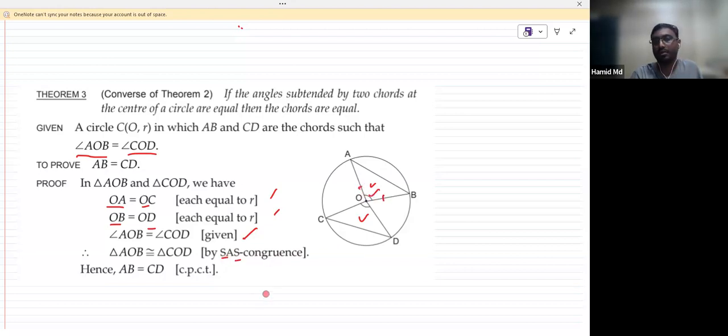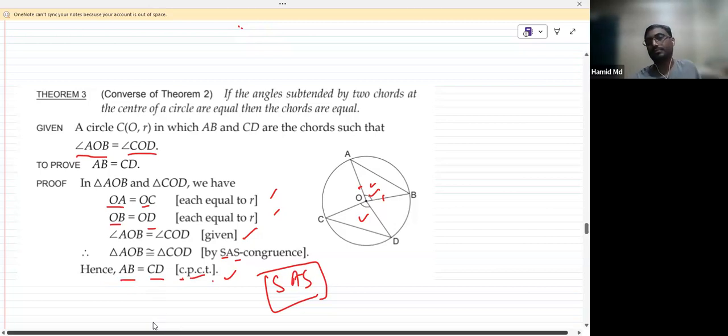The SAS condition will give you that the two triangles are congruent. So by CPCT, corresponding parts of congruent triangles, we will get AB is equal to CD. Clear? So write it down. Don't get lazy.